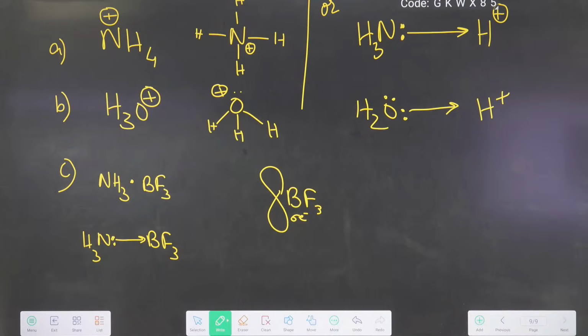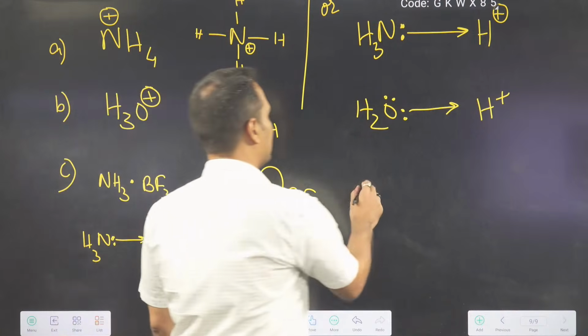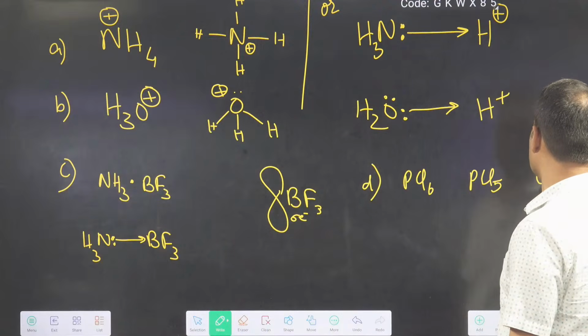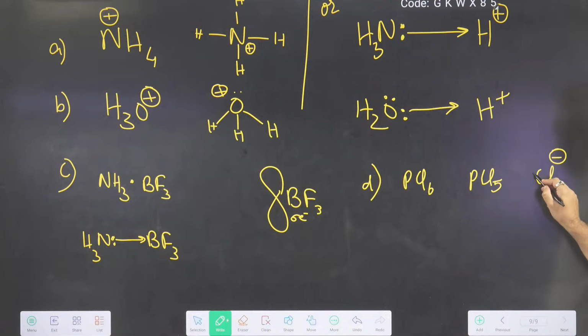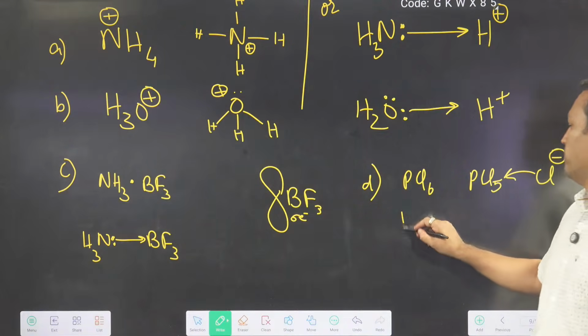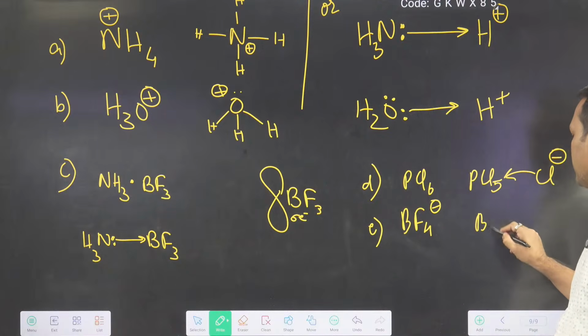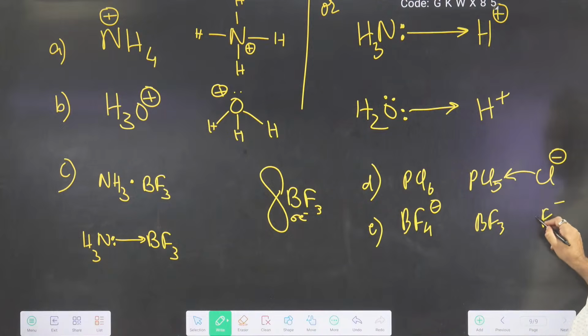So the example can be like this. Next example, you can think PCl6 minus. Think that PCl5 is there and Cl minus is there. Cl minus shares one electron pair with PCl5. BF4 minus you can also think like this: BF3 is there, F minus came to it and shares a pair of electrons.